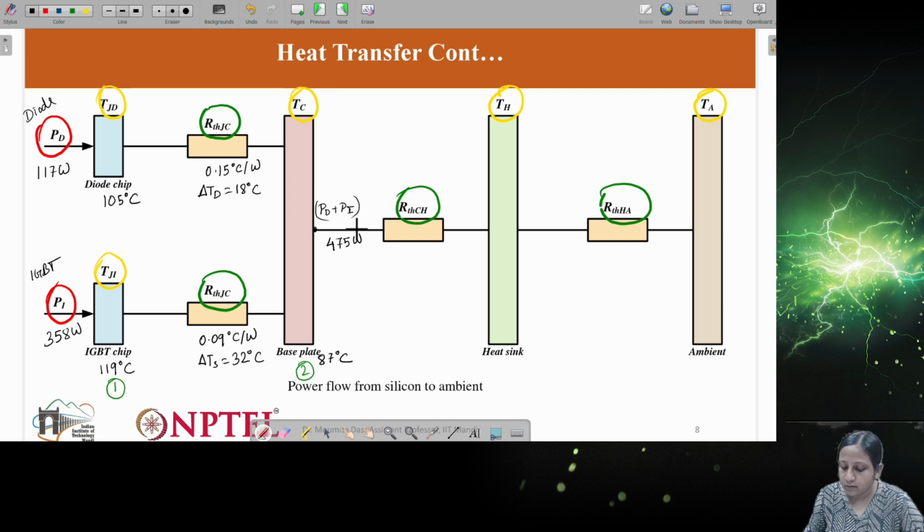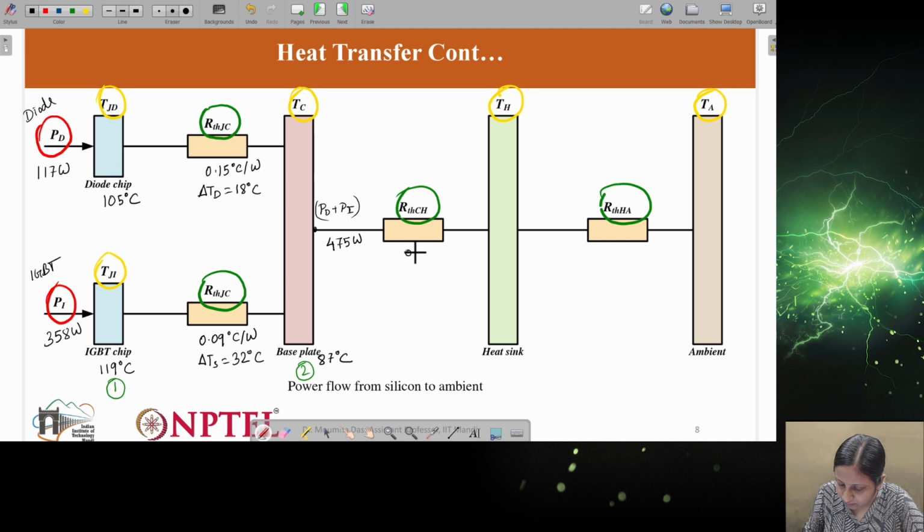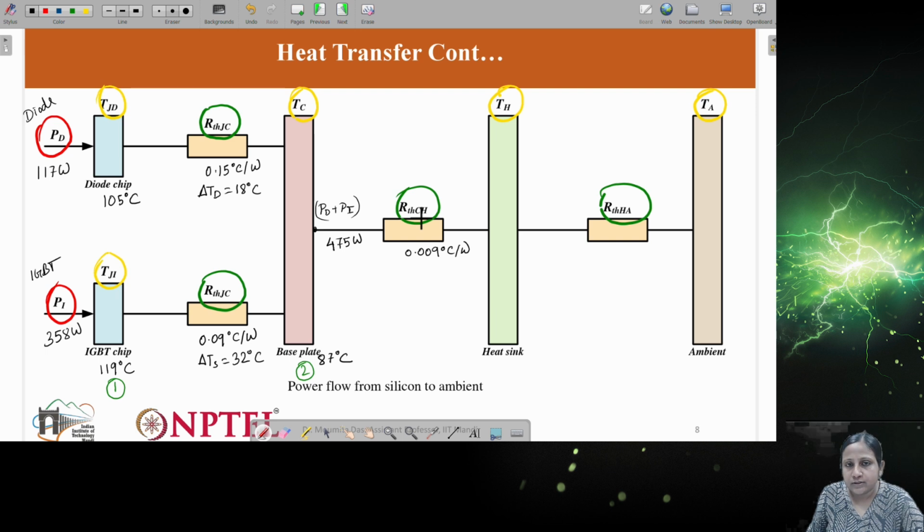Now after the base plate there will be the heat sink, and between them there will also be a thermal resistance. Let's say this is equal to 0.009 degrees Celsius per watt. This thermal resistance will also cause some temperature drop.